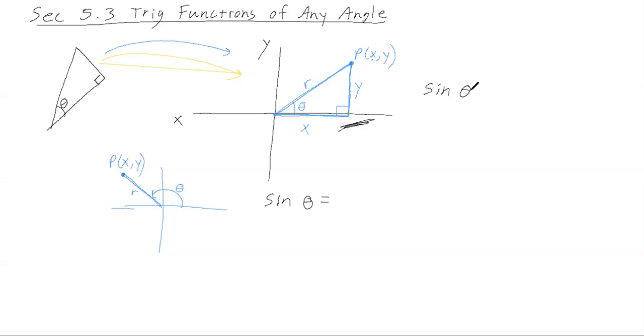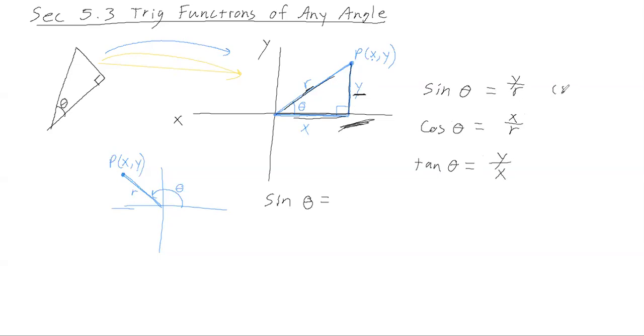Sine of my angle theta is opposite, which was y, over hypotenuse, which is r. Y over r. By looking at that same triangle, the cosine of theta would be what? Adjacent side, x over r. Tangent of theta would be what? Y over x.